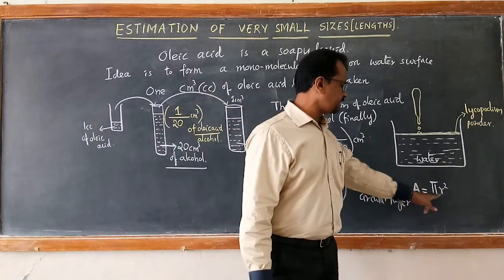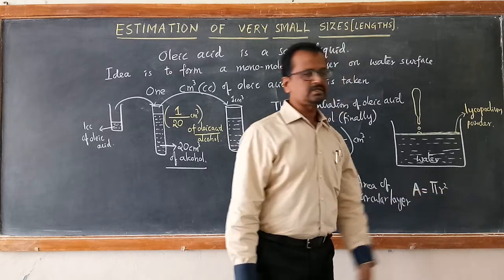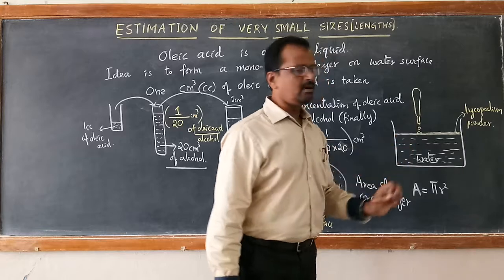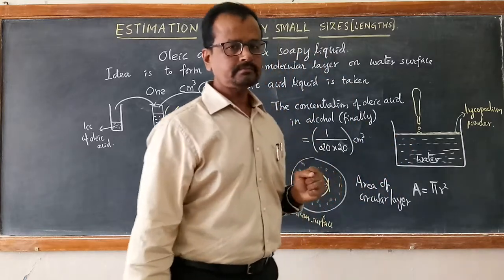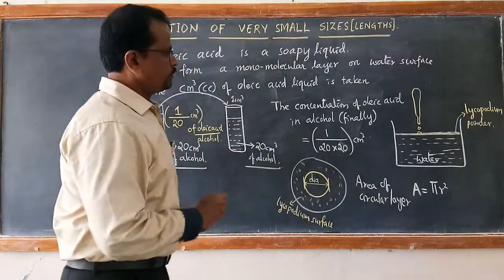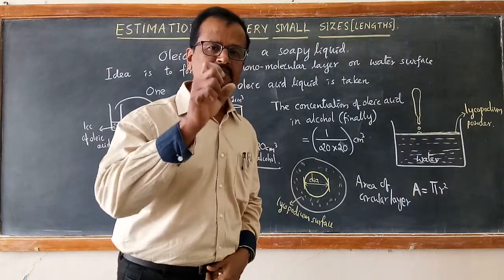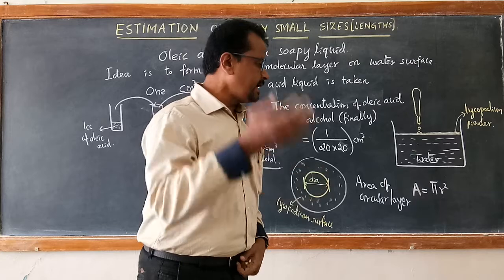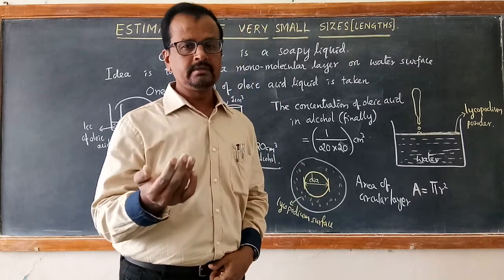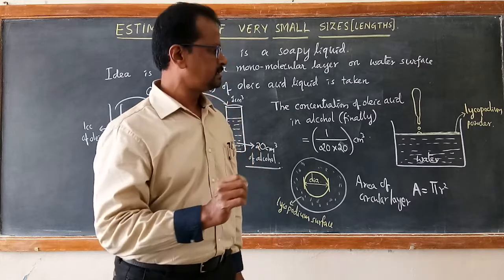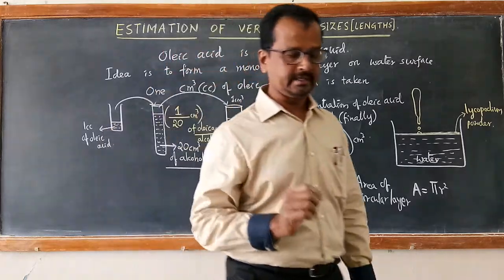So area is calculated as A is equal to pi r square. Then you already know the volume of drops that you have taken. So we can calculate the thickness from the volume of the number of drops taken, dividing that volume by area. If you divide the volume by area, we get the thickness. Let us see how it is calculated.